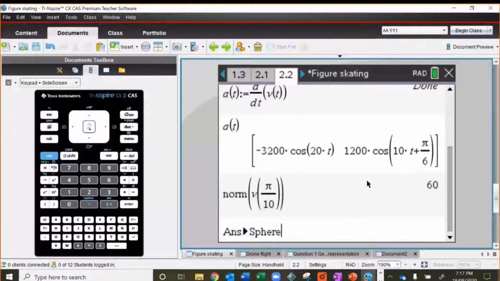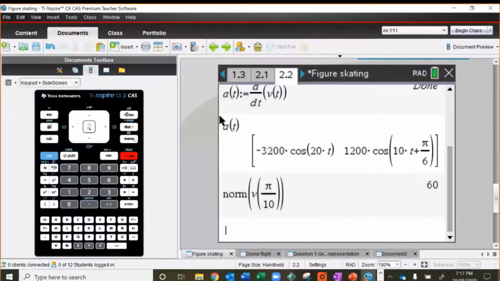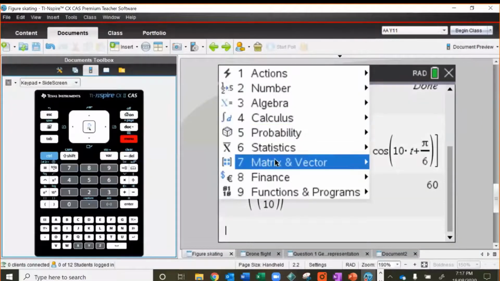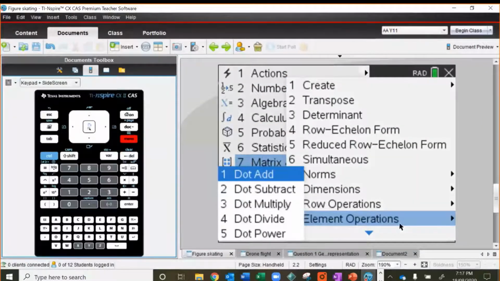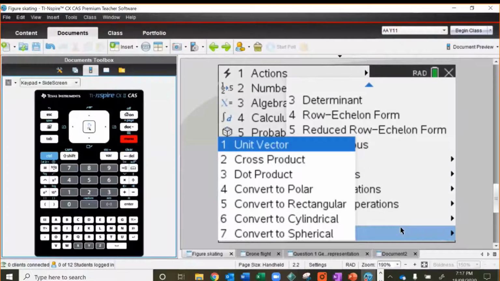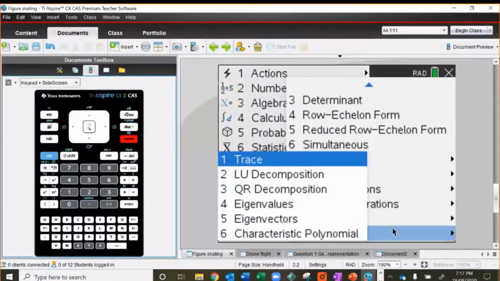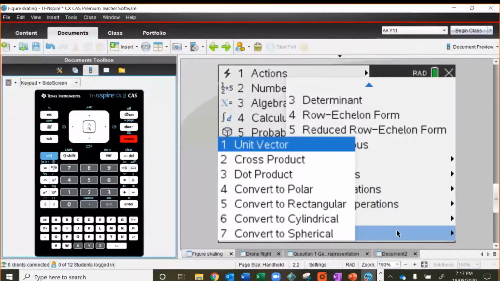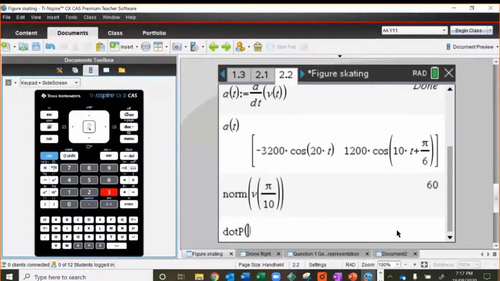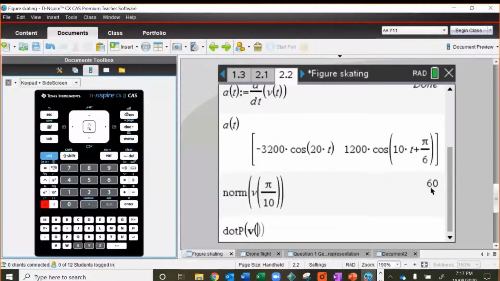In this view it's sometimes tricky to get it, matrix and vector, and I want dot product number 3, between velocity, comma, acceleration.